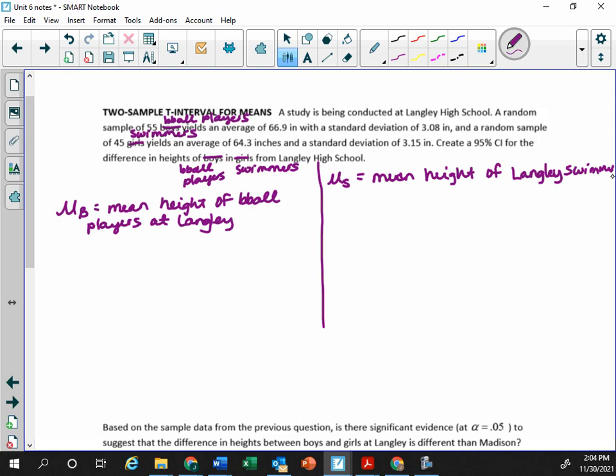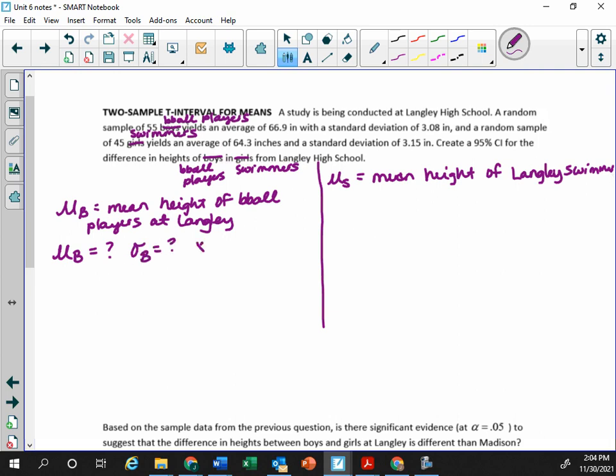And then let's write out everything we know. Do we know mu sub b this time? Do we know the true mean? No, we don't. What do we know? Yeah, we just have the sample that we're working with, right? So we don't know mu sub b, and we don't know sigma sub b.